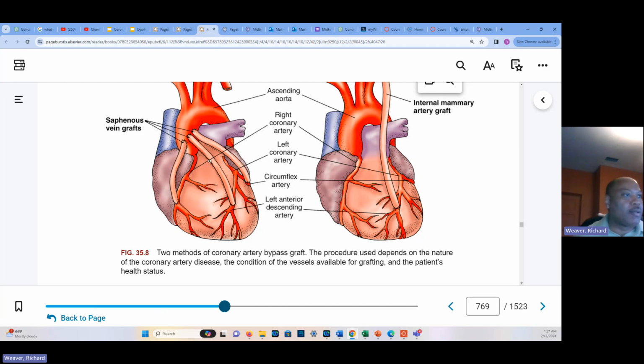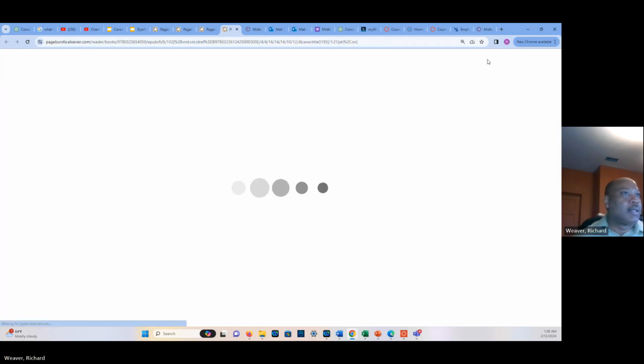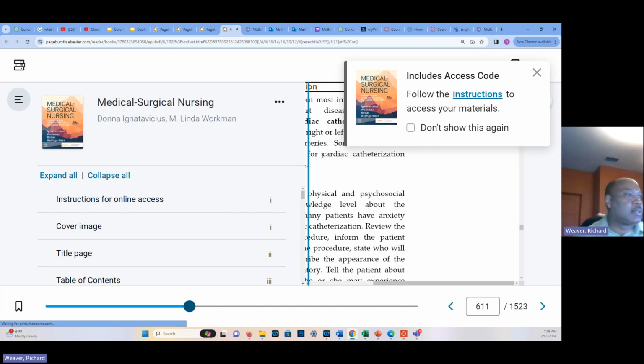And this is around the atria, especially where the SA node is located. So if the right coronary artery is occluded, it is possible that, of course, these patients will experience a dysrhythmia because that cardiac tissue is not being properly supplied. I don't know what this one is.